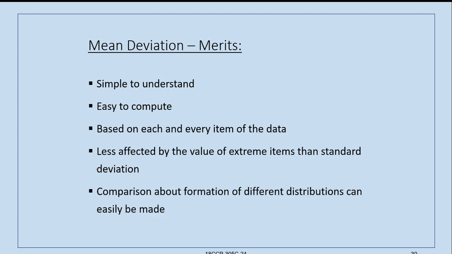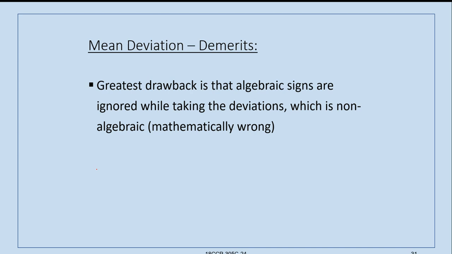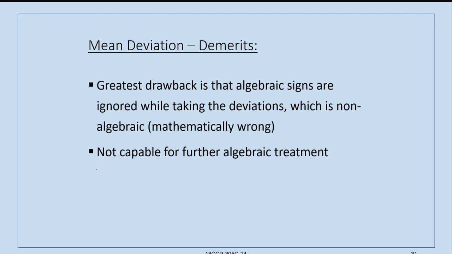And comparison of the formation of different distributions can easily be made. We can compare mean deviation with quartile deviation like this. Or distributions also we can compare. Two distributions, different problems, we will compare. That is also being done.